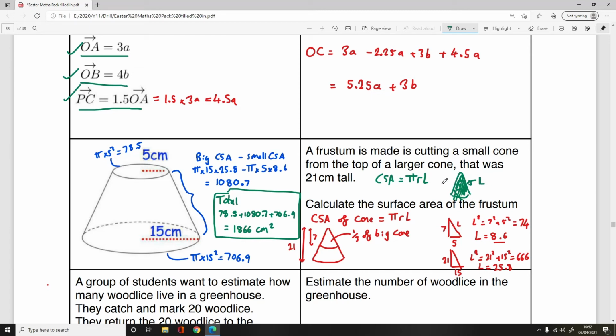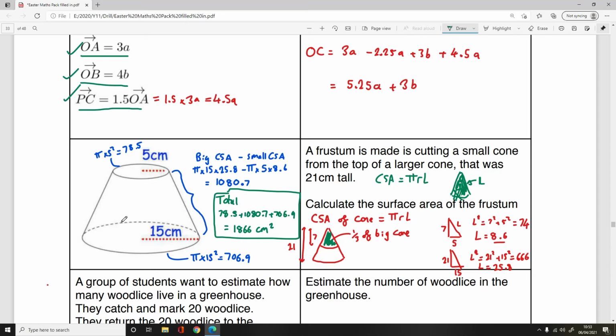So I could figure out the curved surface area of the big cone, so all of this, and then take away the curved surface area of the little cone that was cut off the top, and I'll end up with this area going around the frustum.